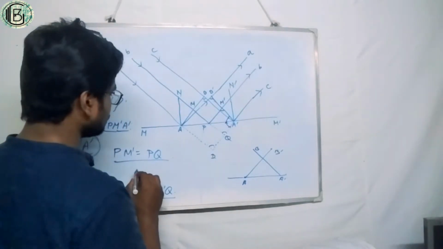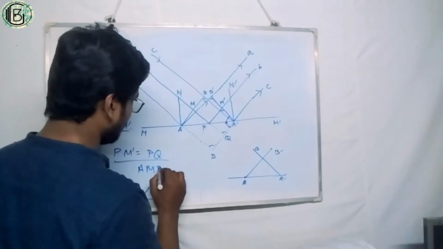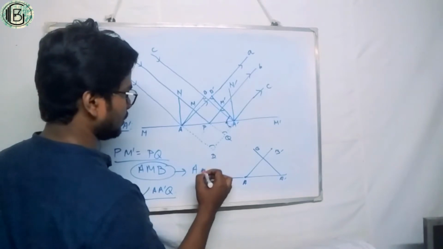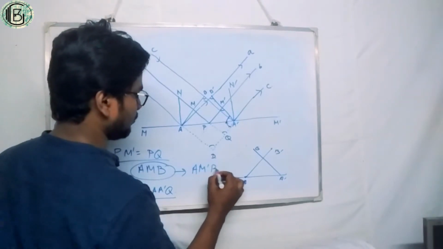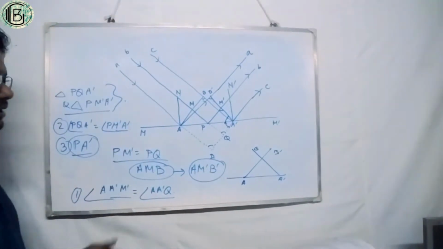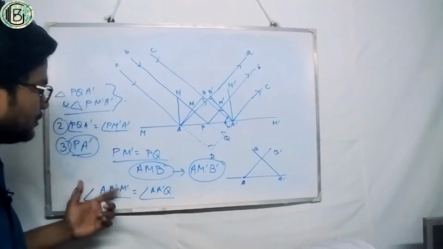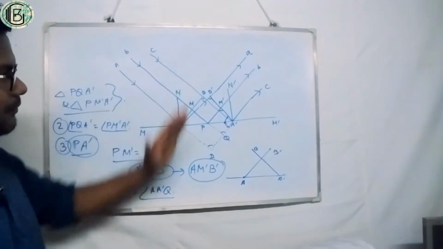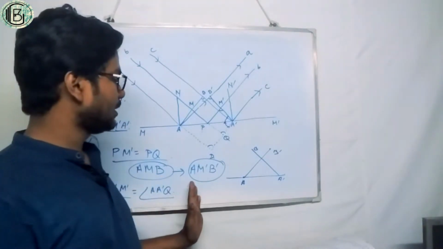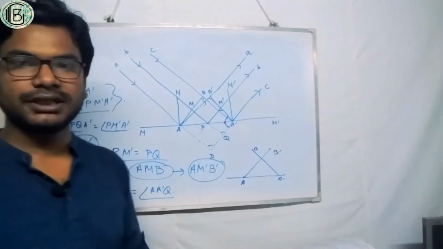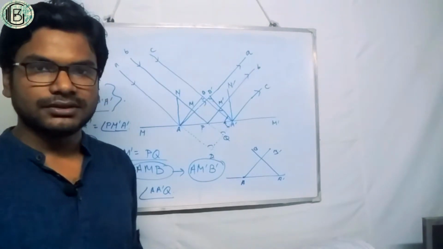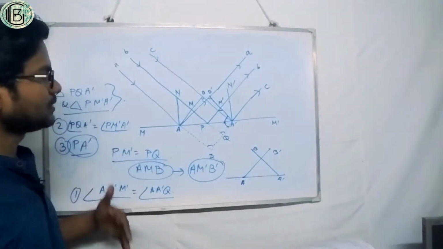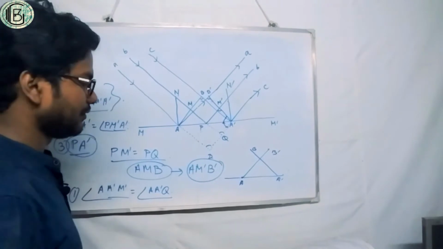So AMB is converted into A M prime B prime. So this was our target actually, to say that after reflection, the wavefront AMB is converted into A M prime B prime. This was our target, and our target is actually fulfilled. So we can say that by reflection, the wavefront is being converted into another wavefront.